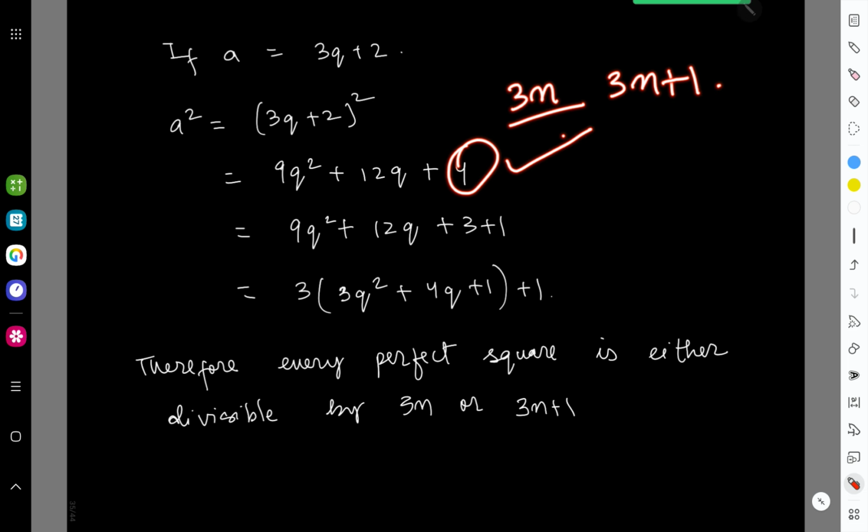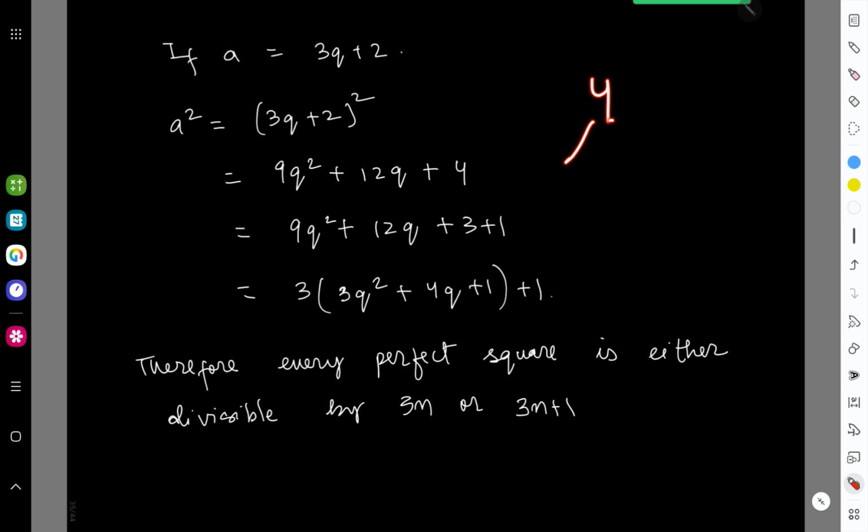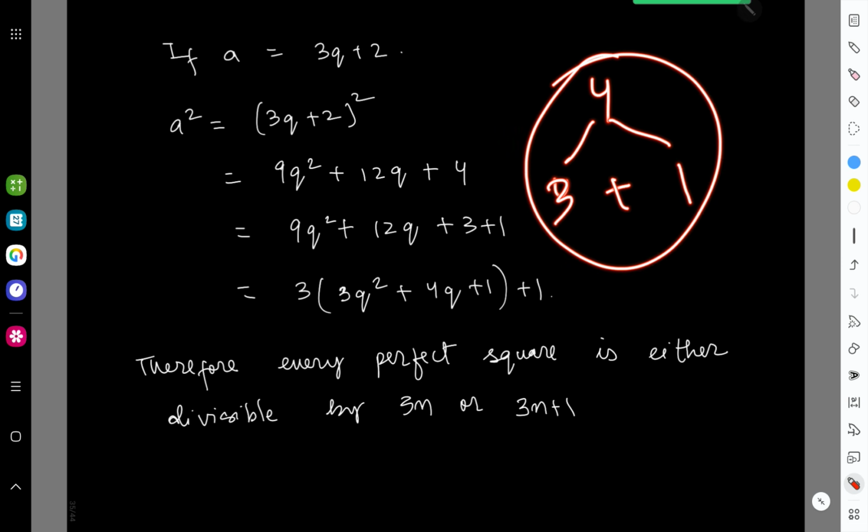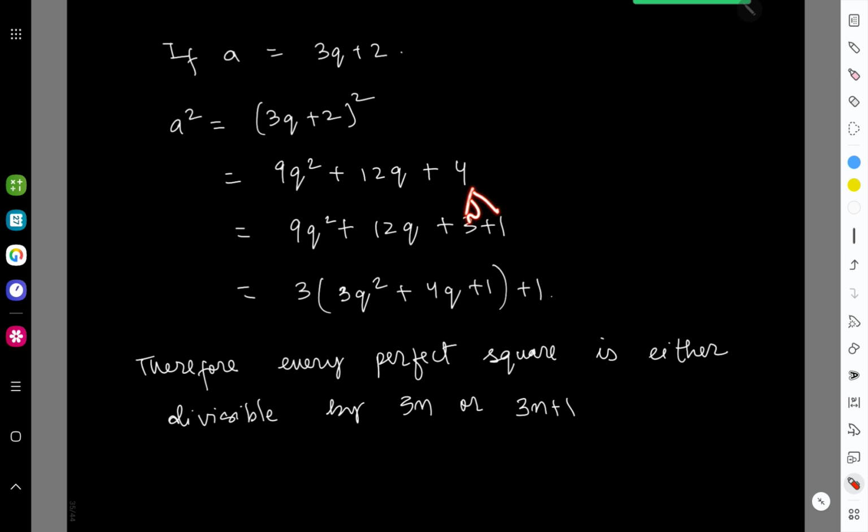There is no 4 mentioned, so what we can do is modify and write 4 as 3 plus 1. Then we can keep this plus 1 as it is, and from this 3 term we can take 3 common. We can consider this as n, so 3n plus 1.